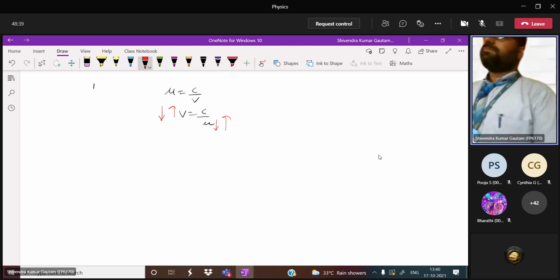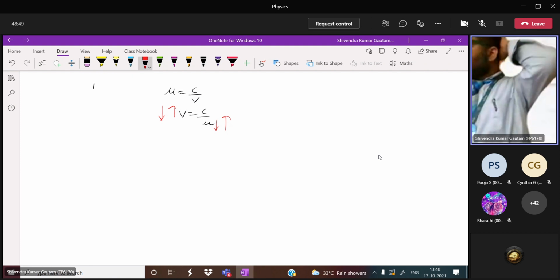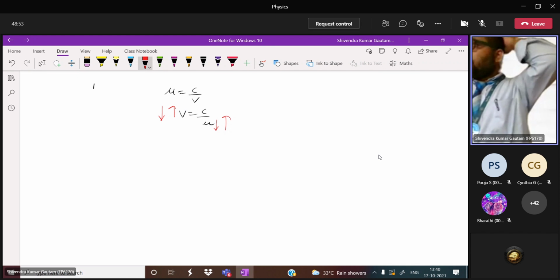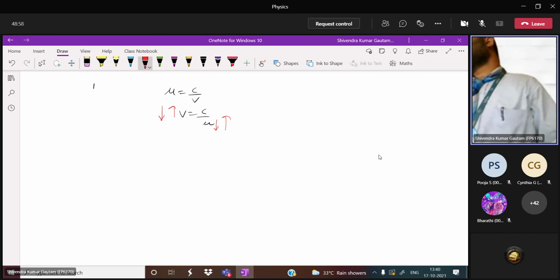First point, write down: it depends on the nature of incidence and refracted medium, in bracket rarer and denser.